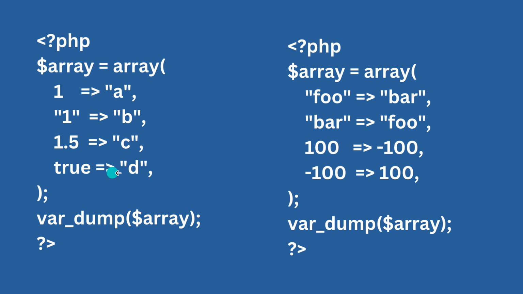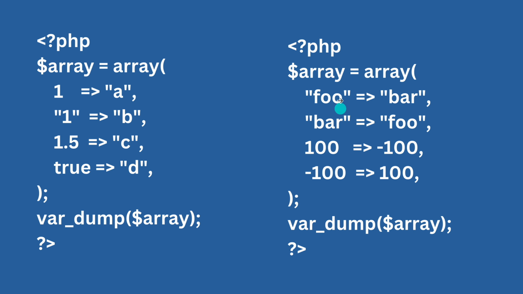Why is this 1D? Because all indexes are 1, right? Internally, you are writing this one, but PHP is understanding this one as 1, this one as 1. If keys are repeated, the last value will override all the previous values.